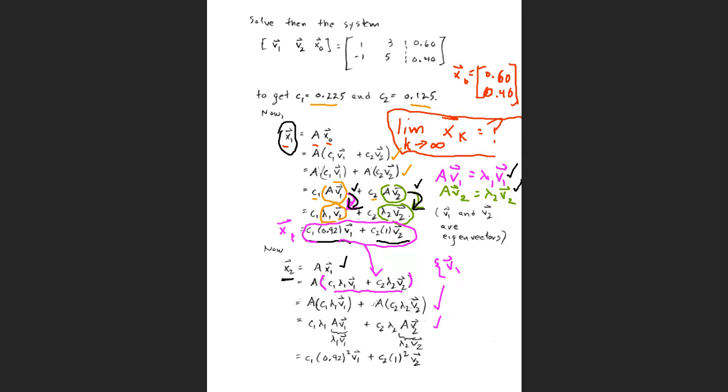We can factor out the constants or the scalars, which are C1 and lambda 1. And now we end up getting C1 times lambda 1 squared times eigenvector V1 plus C2 times 1 squared times eigenvector V2. Why are they squared? Take a look there.